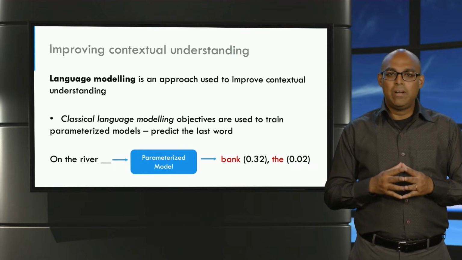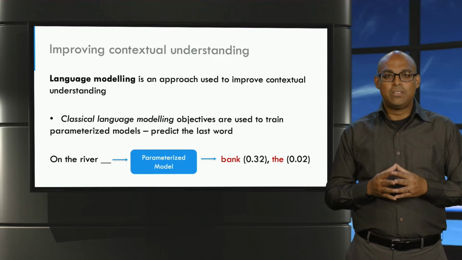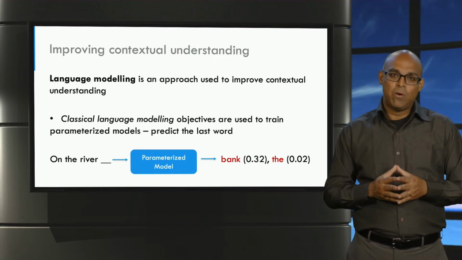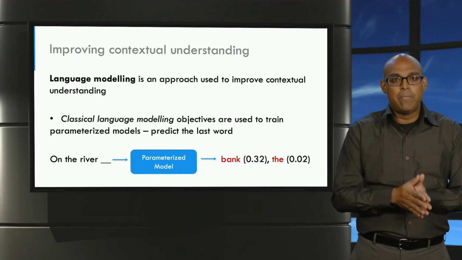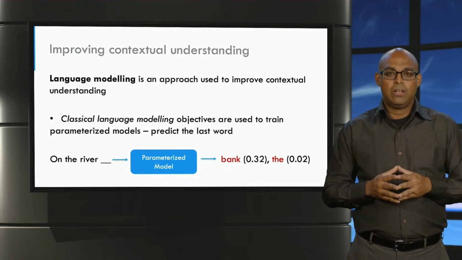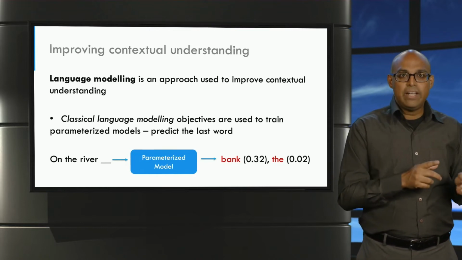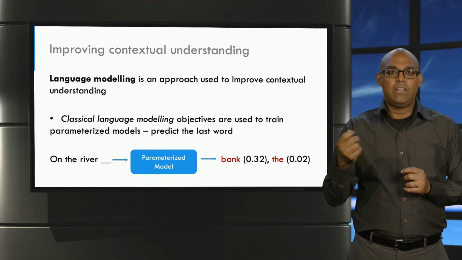Now that we want to build parameterized models which understand context, you could use the classical language modeling objective and train models that are parameterized to keep on predicting the next word. In doing so, it uses the past context to predict the occurrence or appearance of the next word.